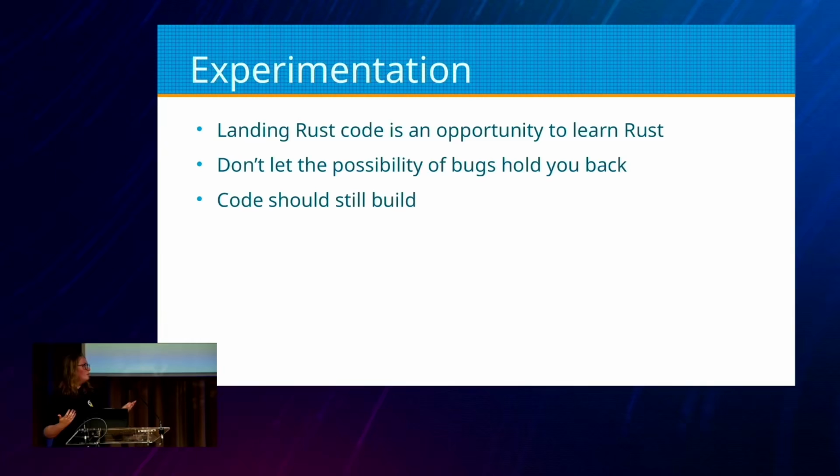One concern that came up in, I think it was Block, is, okay, but we have these really high standards for our C code, and I'm worried that I'm going to land some Rust code that I'm still learning to understand, and maybe there's some bug I would have caught if it was C, and I don't want to land buggy Rust code. But I think the advice that has come out here is: don't let the possibility that the code may have bugs hold you back, right?